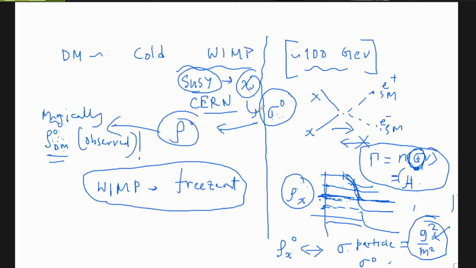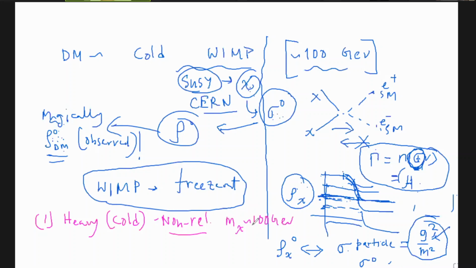So what are the properties of the WIMP? Number one, they are very heavy. Cold, heavy or cold means they're non-relativistic, because their mass is much higher than the mass of the proton, around 100 GeV.